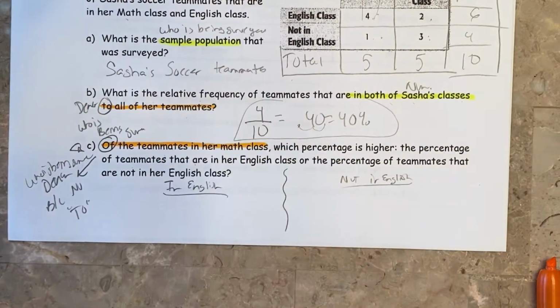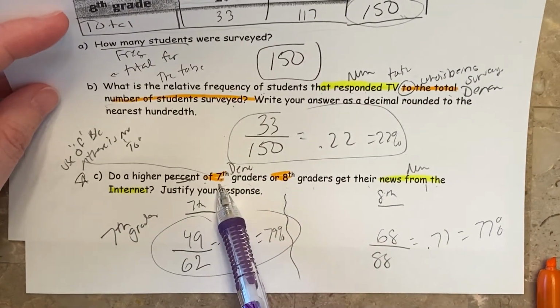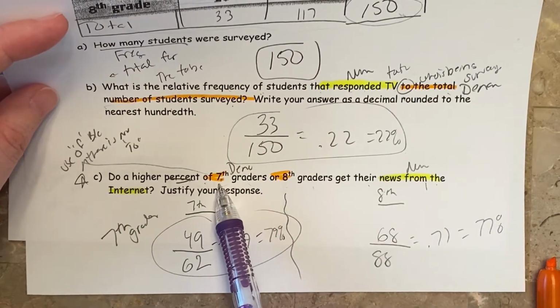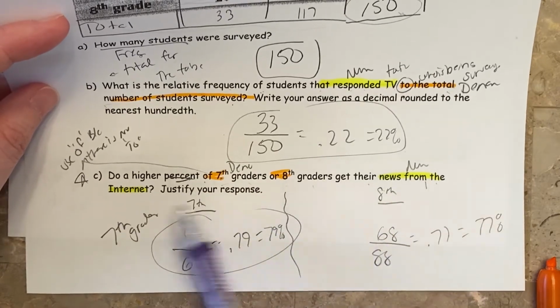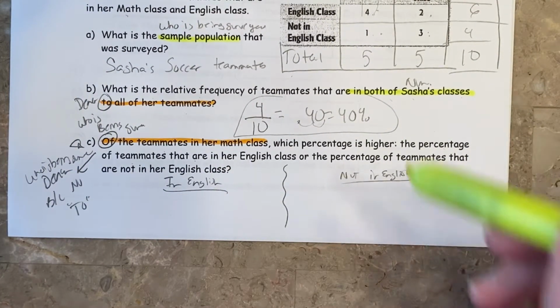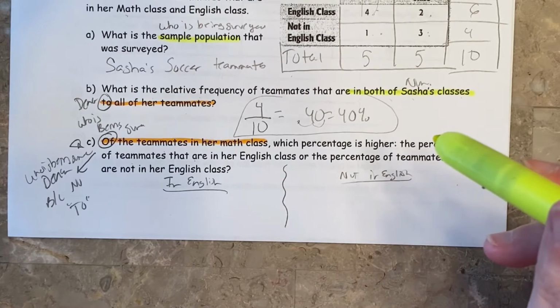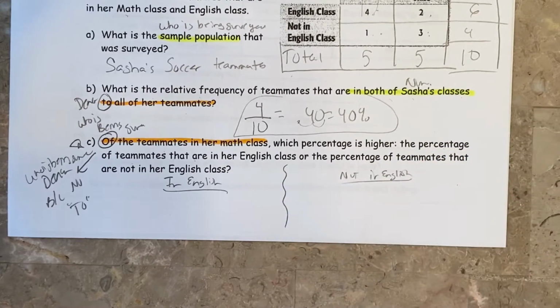Number 4 was a little different. We were comparing actually 7th and 8th grade who got their news from the internet. Okay. All right. So let's see. What percentage is higher? The percentage of teammates that are in her English class. Oh boy, this is tricky.